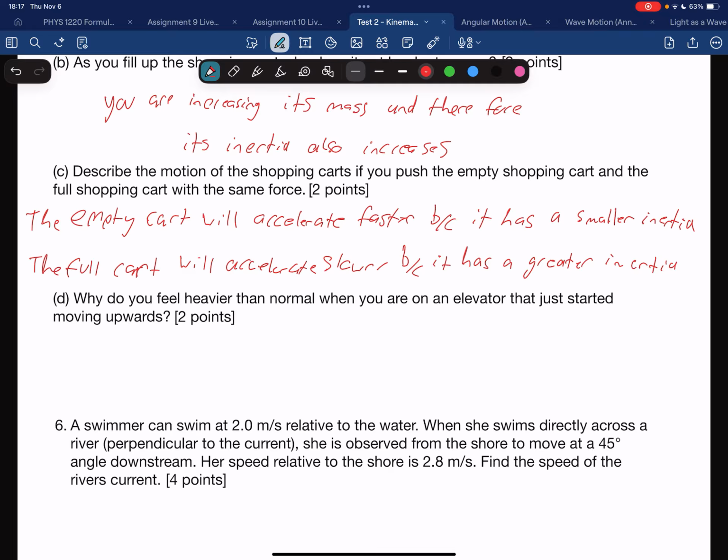Part D, leaving the shopping carts behind. Why do you feel heavier than normal when you are on an elevator that just started moving upwards? So, little diagram here quick. Elevator, you're inside. It is accelerating upwards, and it also has a velocity going up as well.